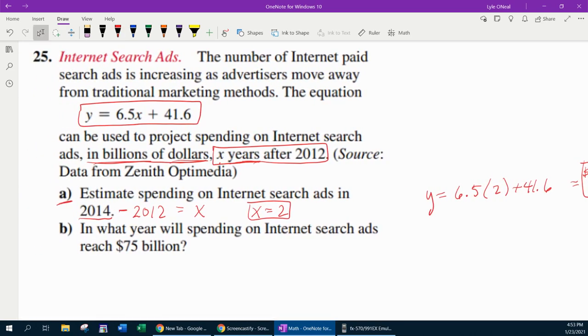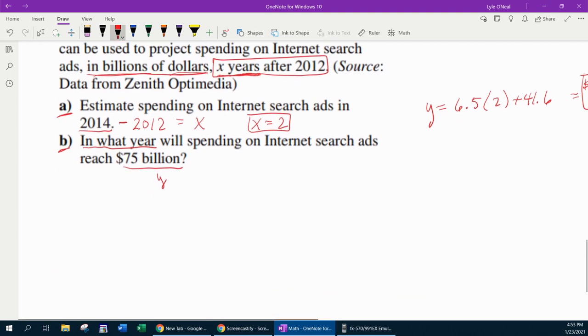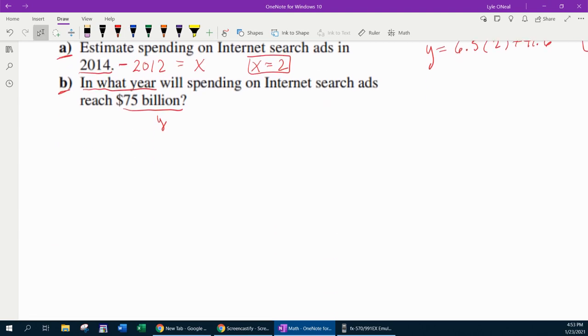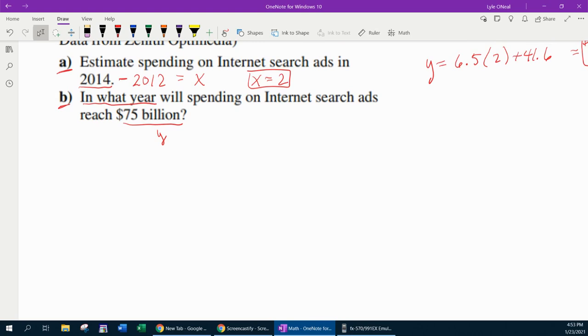Now, for part B, it says, in what year will spending on internet search ads be 75 billion? Notice it says in what year, and since X is years, X is my unknown. I'm going to be looking for X, so that means the 75 billion is Y. And then I'm going to do a little plug and play again.